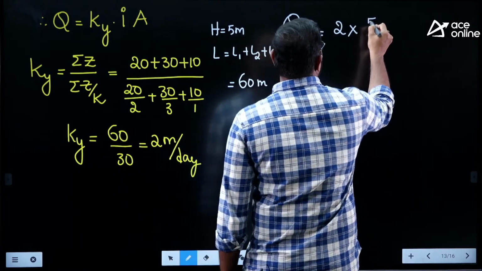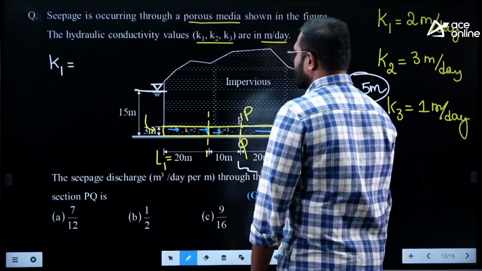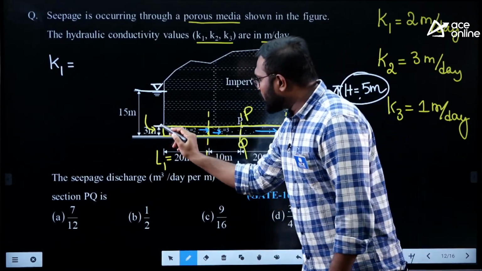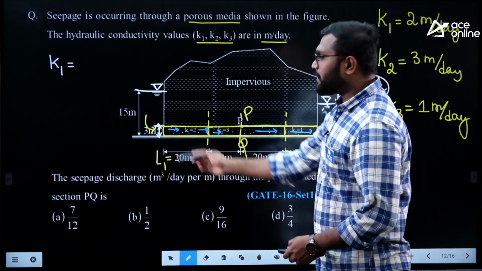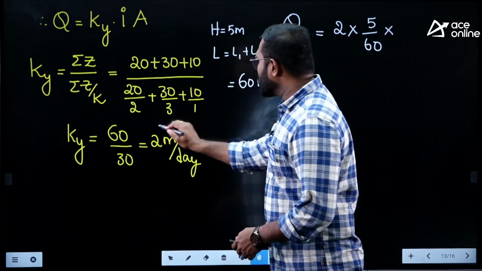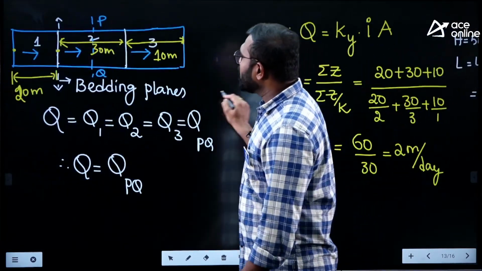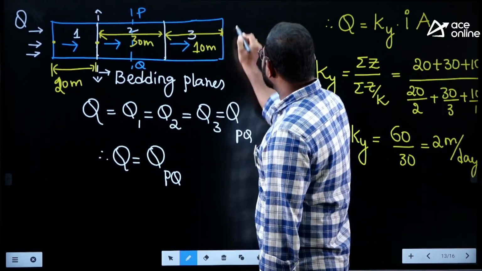So 2 into 5 by 60 into what is area? If you observe here, this is the flow area. 3 meters thickness. I have taken this as a 3 meters thickness.